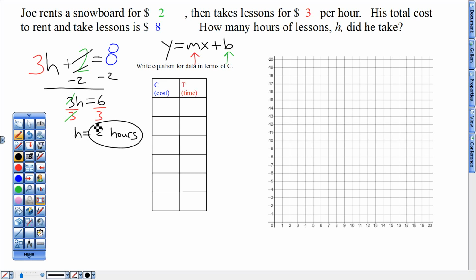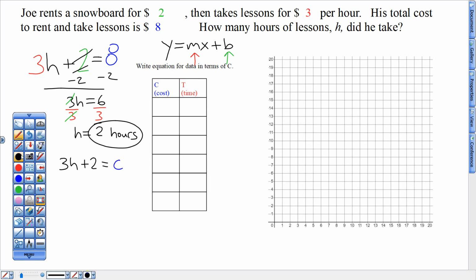All right, know now how this relates. That equation really that we're looking at there is 3h plus that 2 equals some unknown cost. That's really my equation that we're using there.